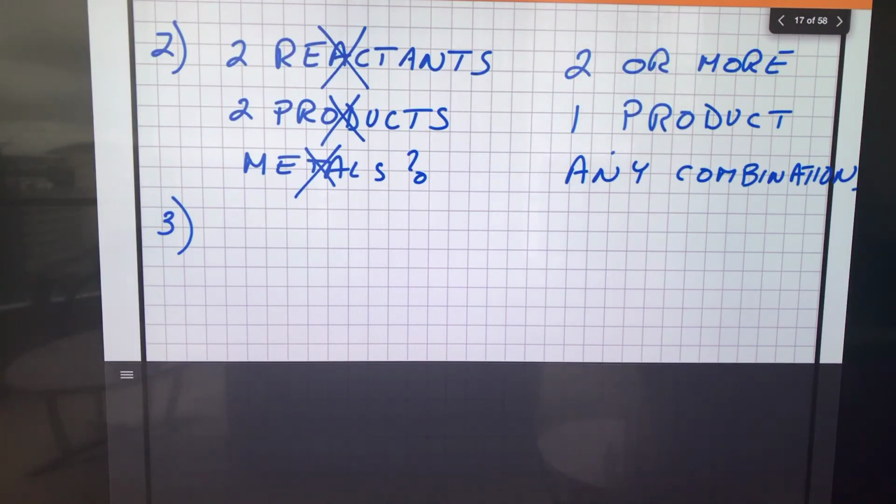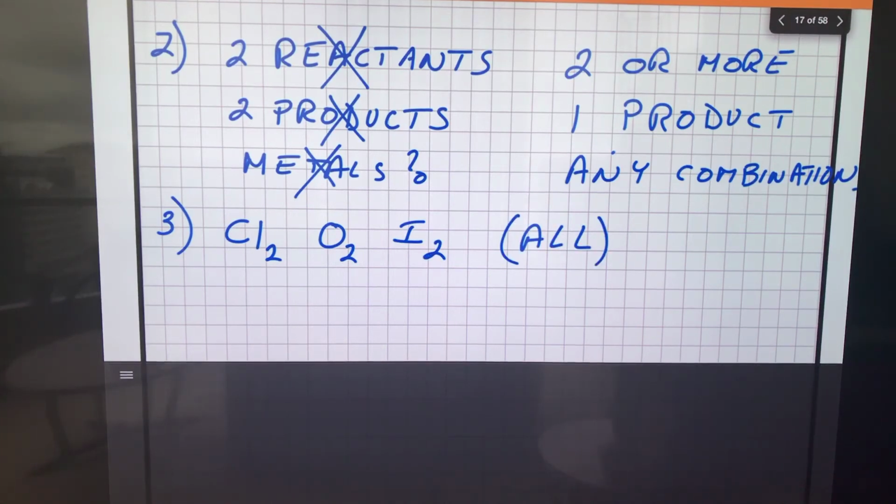This time there were none right. So let's see on the diatomics. Chlorine, yep, absolutely right. Next one I gave you on letter B was oxygen. Yep, that one's diatomic as well. And the last one, iodine, yeah, element 53, it is also diatomic. So all of them were correct. All of them were diatomic.